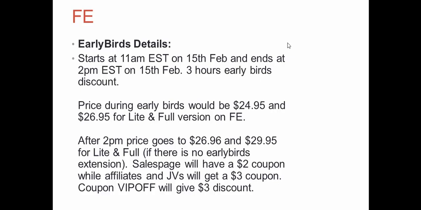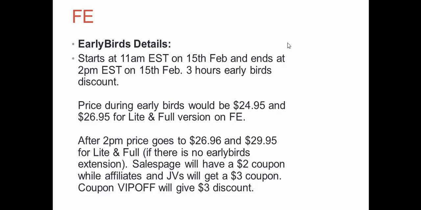There's an early bird here for 3 hours, and after the 3 hours, there's a small jump of $2 to $3. The sales page will have a $2 coupon, while affiliates and JVs will get a $3 coupon. Coupon VIP off will give you a $3 discount, so you can use that coupon and get the full discount there.